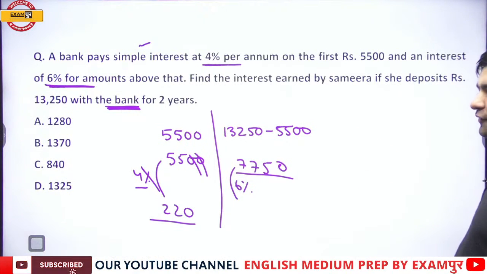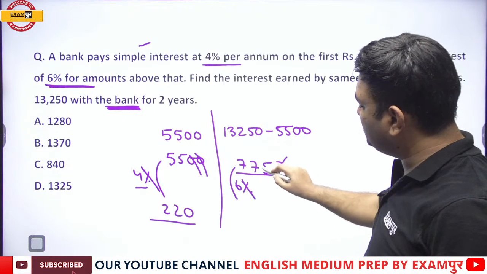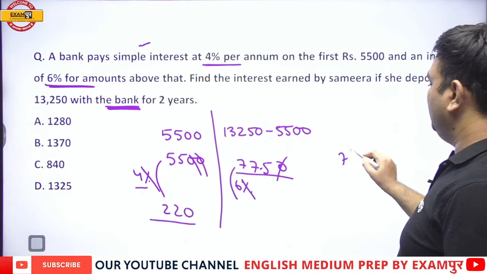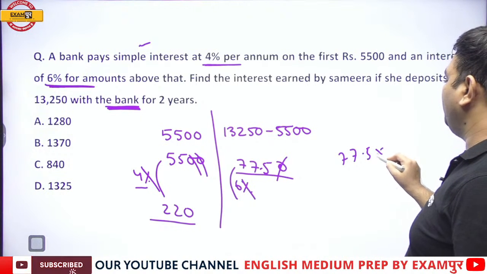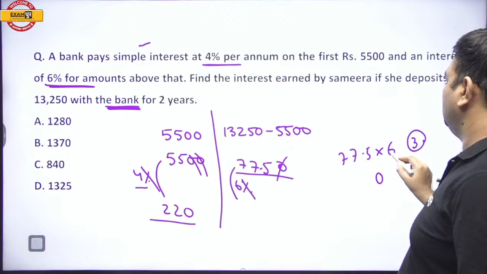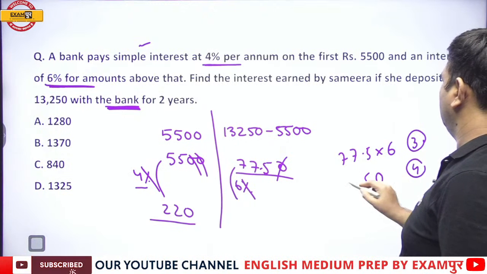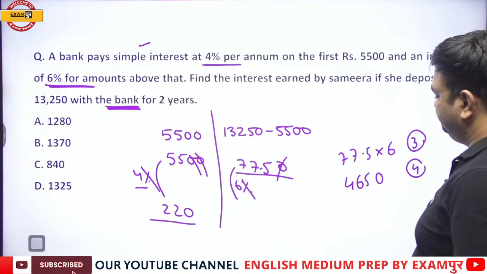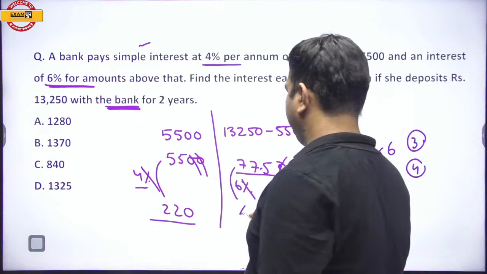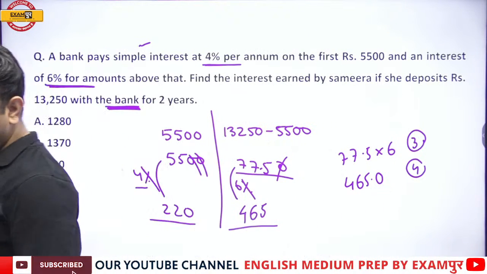This is for the 1 year that we are calculating. 6% percentage, cancel out 2 zeros, so 77.5 into 6 is 465.